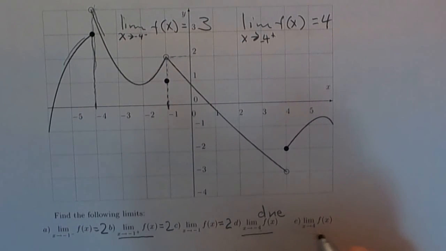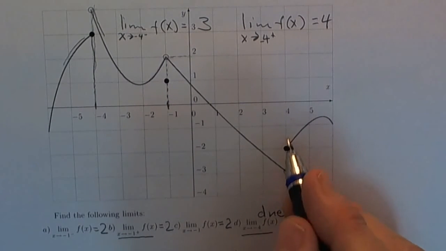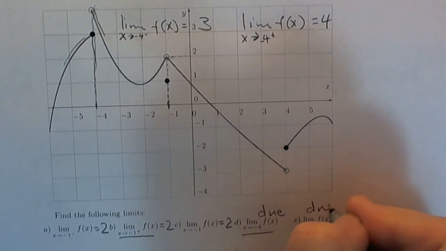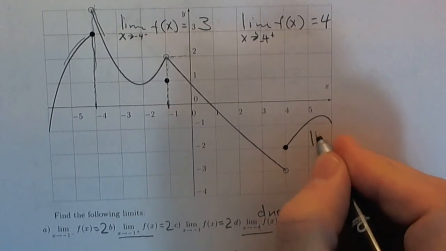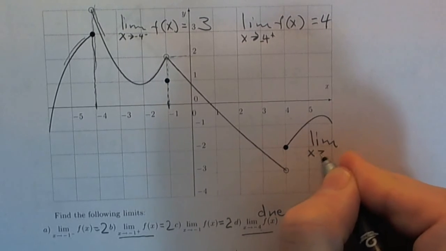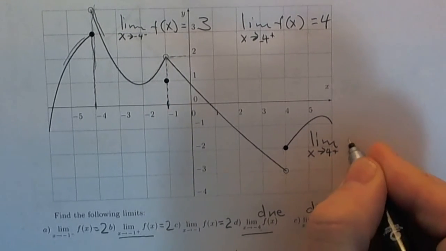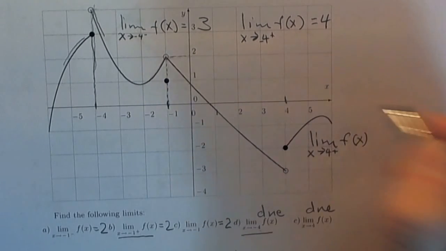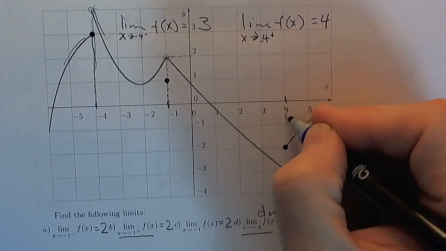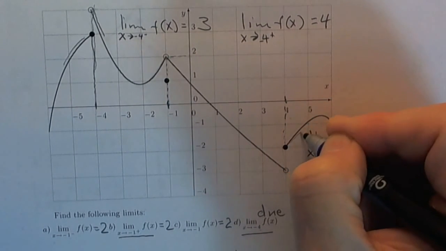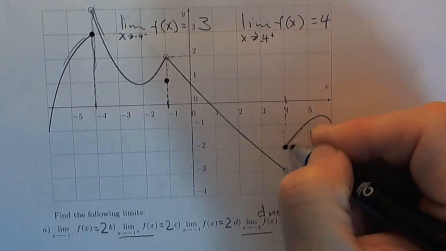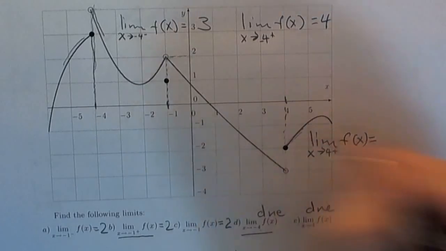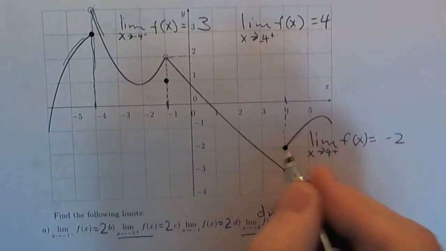Now I could talk about the limit as x goes to 4. It's the same story here. You notice there's a jump. So right away we could say the limit does not exist. And we could say, okay, the limit as x goes to 4 from the right, let's see what that height is. Well, I'm right here at 4. And I want to move down until I have graph to my right here. And I take note of the altitude, and that looks like -2. See that?